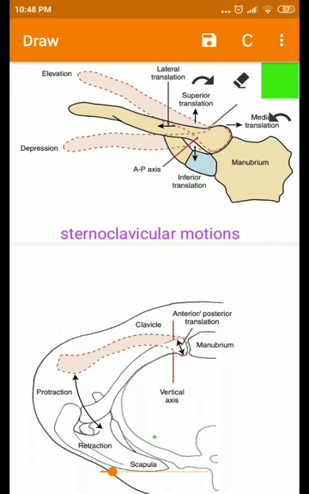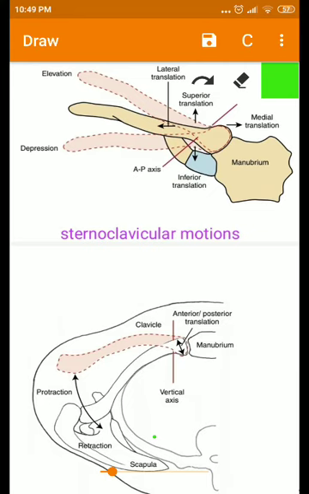Now we are going to see in detail about these clavicular motions. The first one is the elevation and depression of the clavicle.